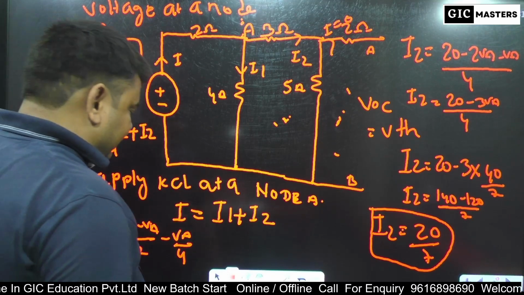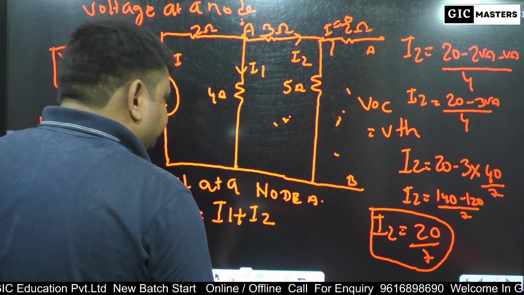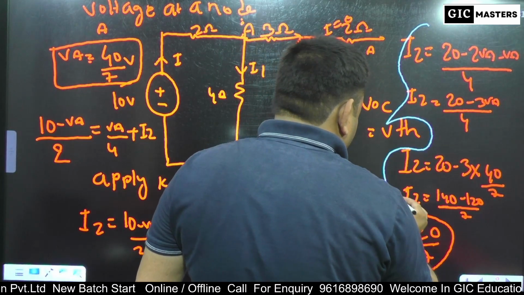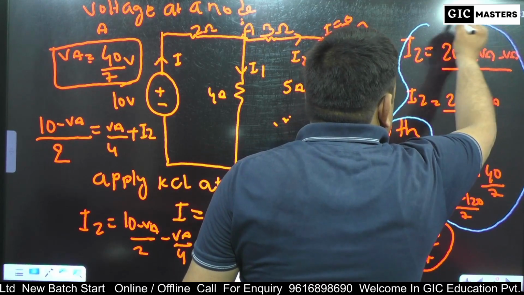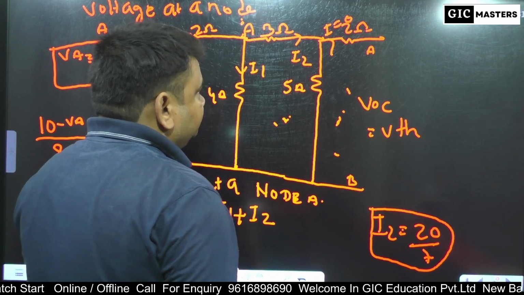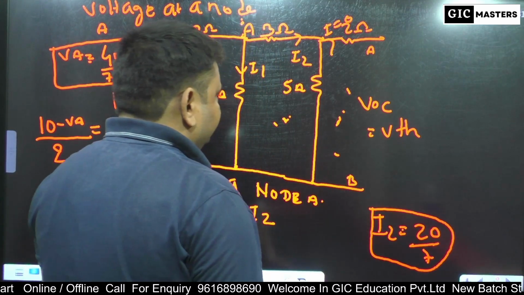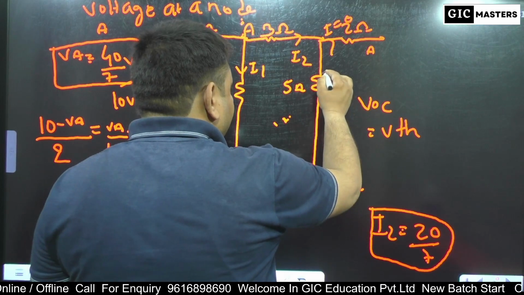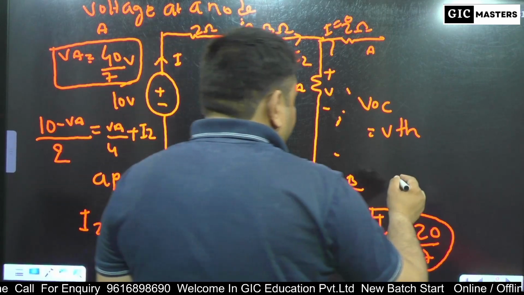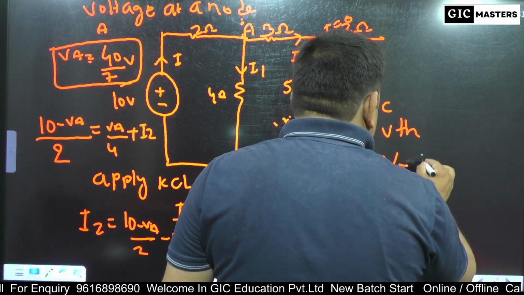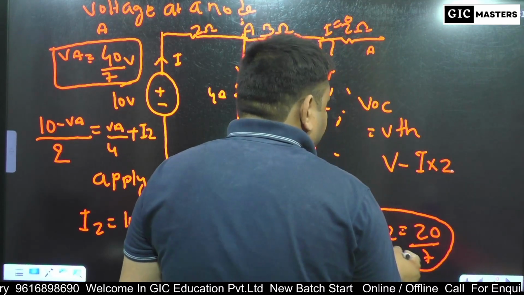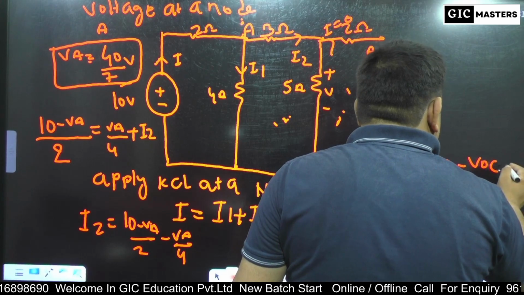After calculating I2, we find VOC. Here suppose voltage V, this voltage V equals I into 2 minus VOC.